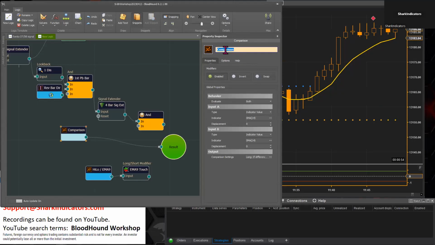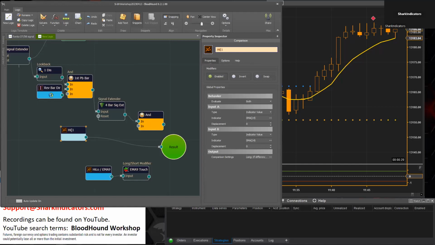So for a long signal, the pullback, we need to monitor the highs. Let's see, how do I want to do this? I might reverse this from normal. Nah.